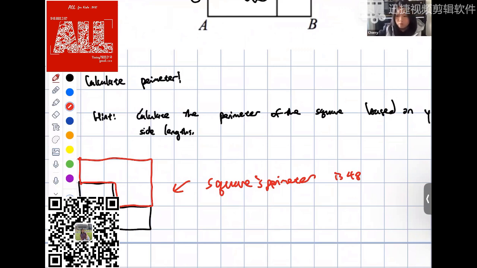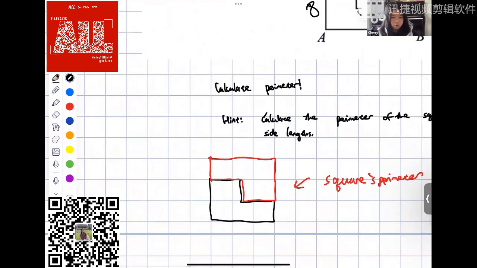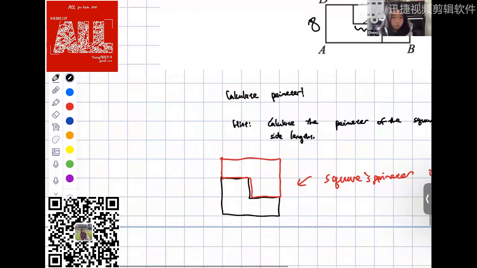Can I draw on the screen? Wait, I'm trying to figure out. I think right now it won't work, but just tell me what you want me to write. I'll write it. The one at the bottom, the black one, is 12. Yeah. How do you know that?